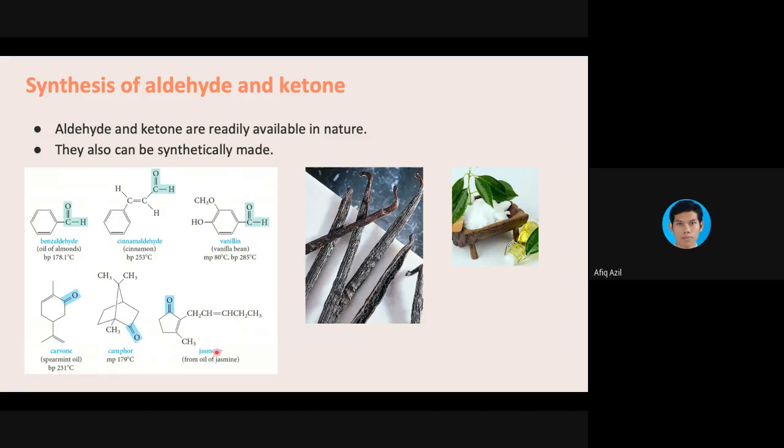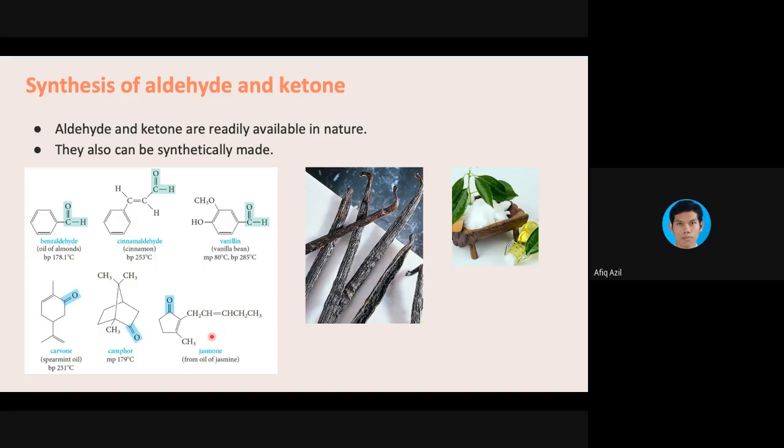And then oil from jasmine, the jasmine tree, bunga melur. The ketone is called jasmone. So these are some of the naturally available aldehydes and ketones.